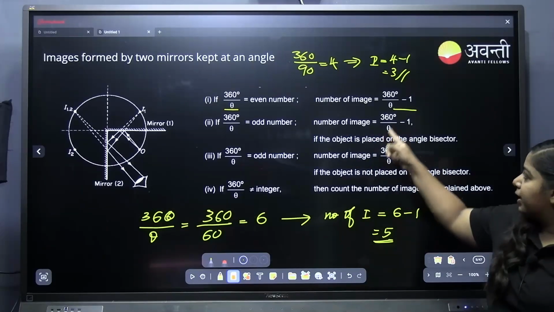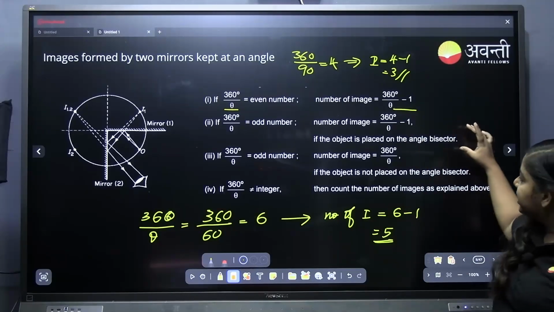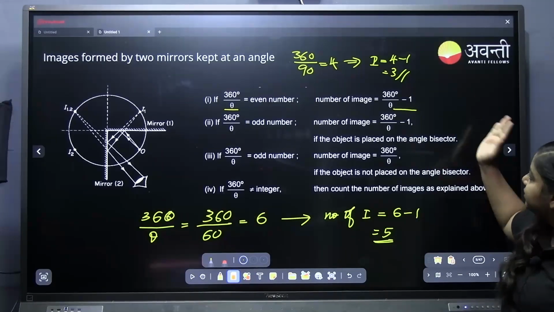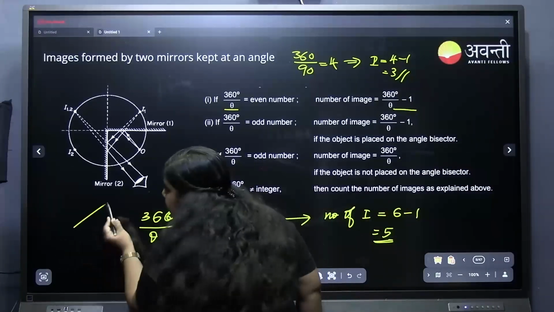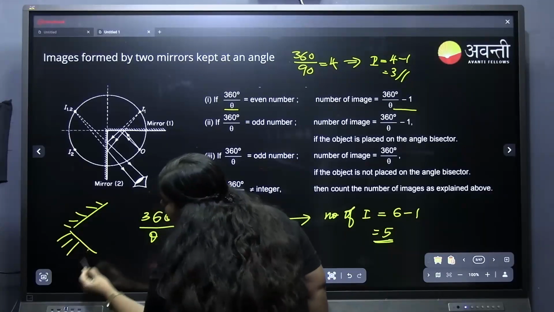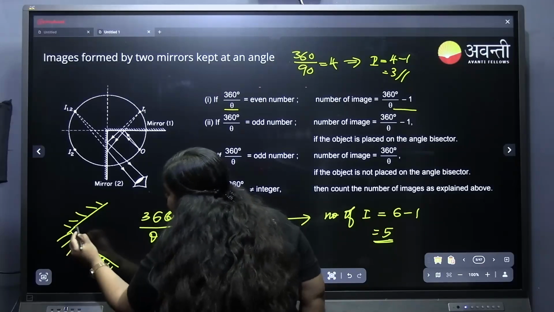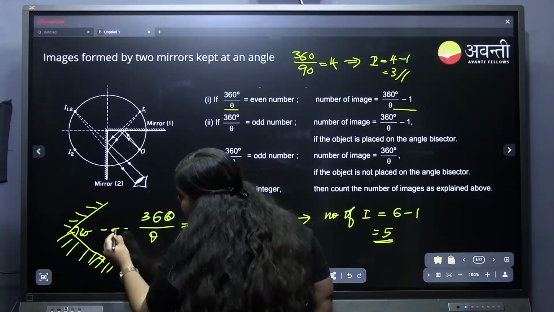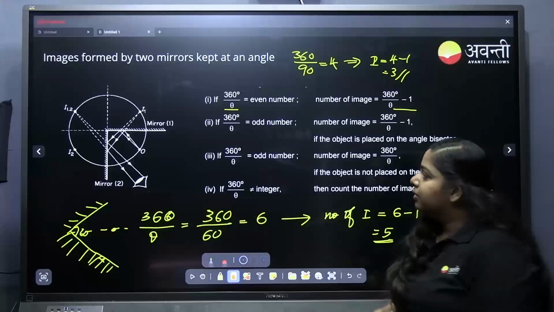Number of images is the same, 360 by theta minus 1. Now this is the case where the object is placed on the bisector. Here are two mirrors, and the angle between them is 60 degrees. There is an angle bisector, right?